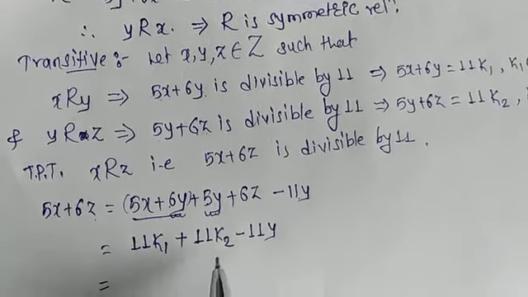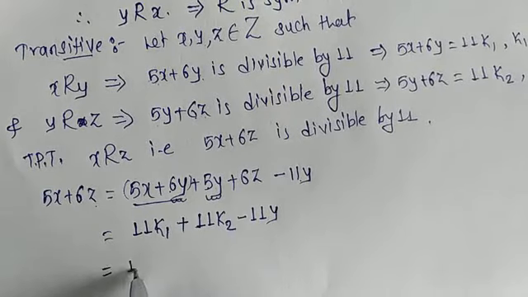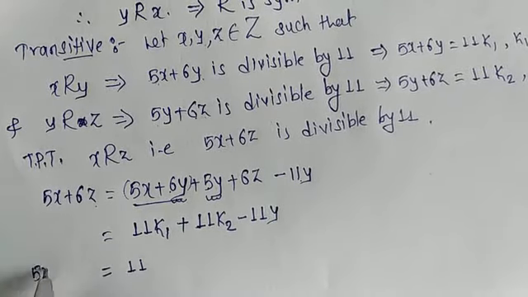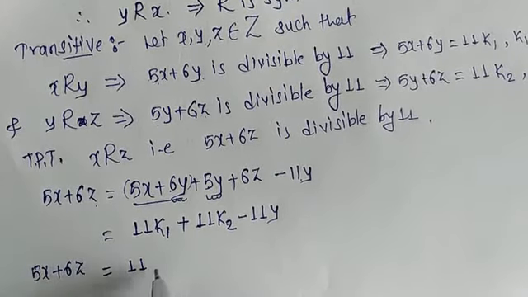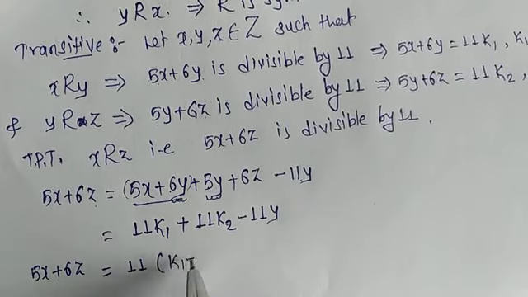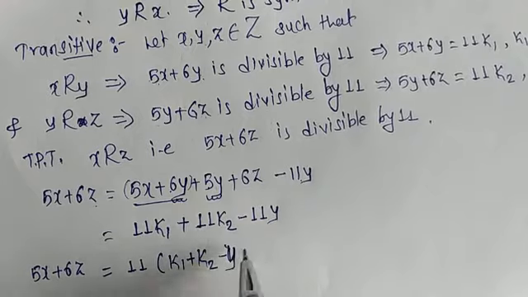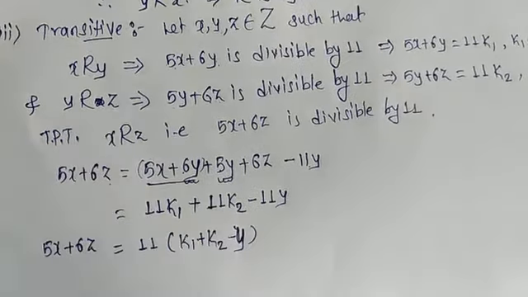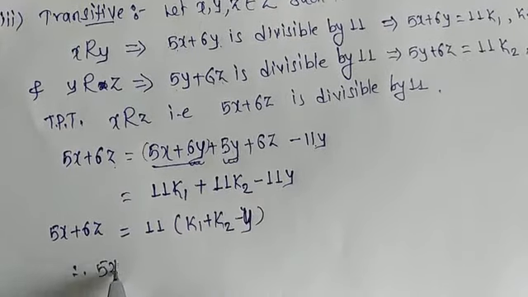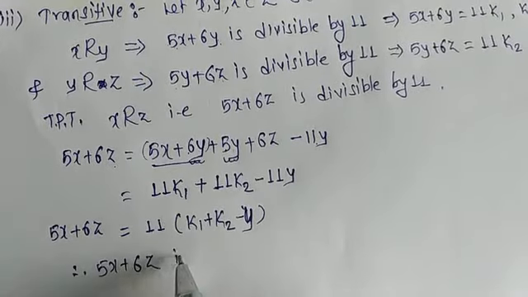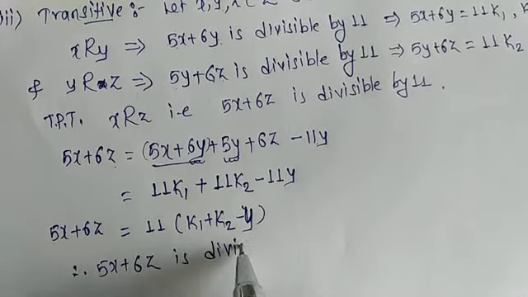In each term 11 is present, which shows that 5x plus 6z is a multiple of 11, which means that it is divisible by 11. Therefore 5x plus 6z is divisible by 11.